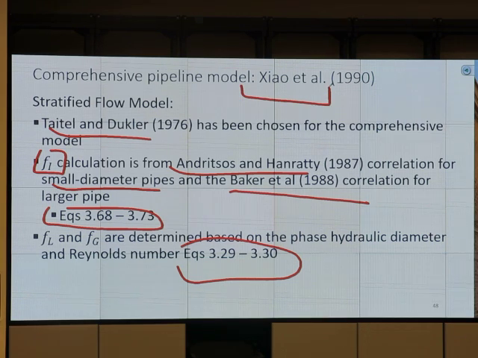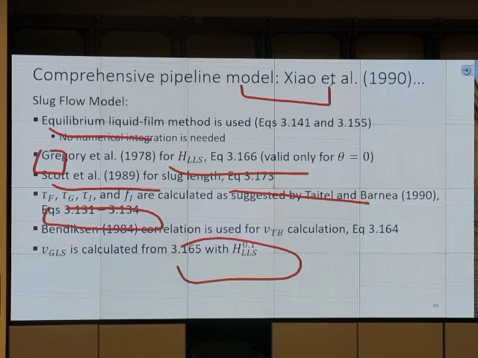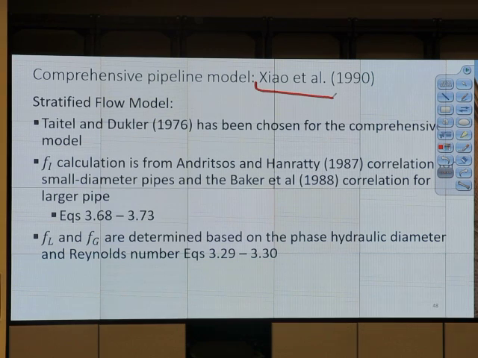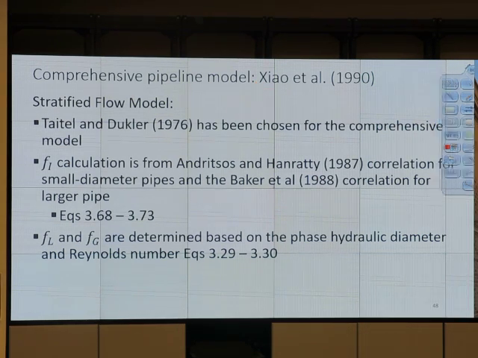The constant for F sub I was for stratified wavy. Can that be used when we are calculating a model for stratified wavy? I think it's a constant. It can, but that's not what has been used by Xiao et al. Let's see their result.